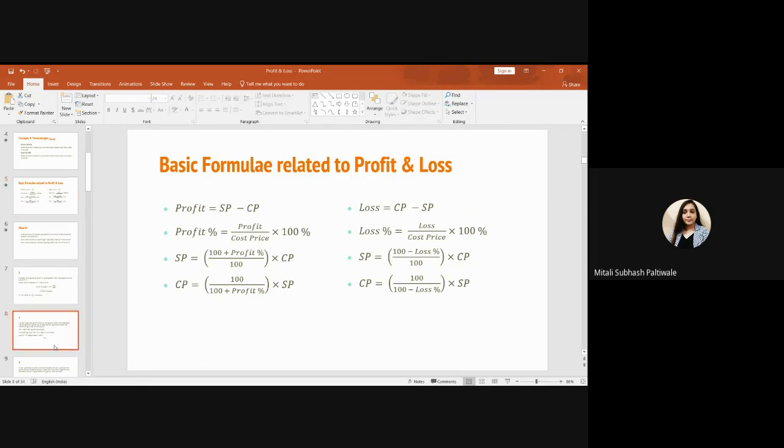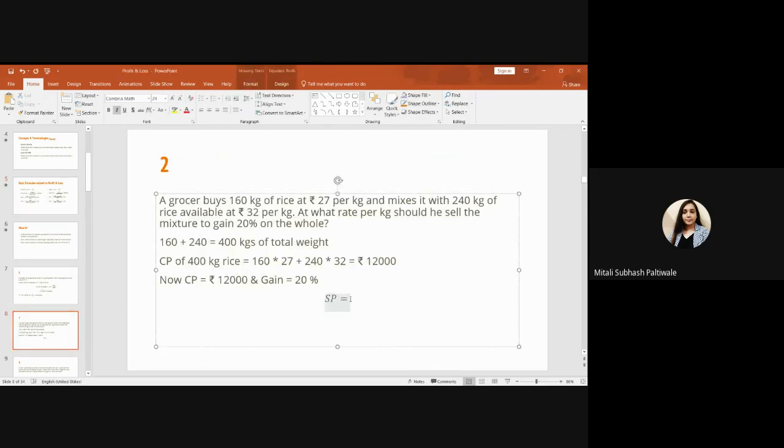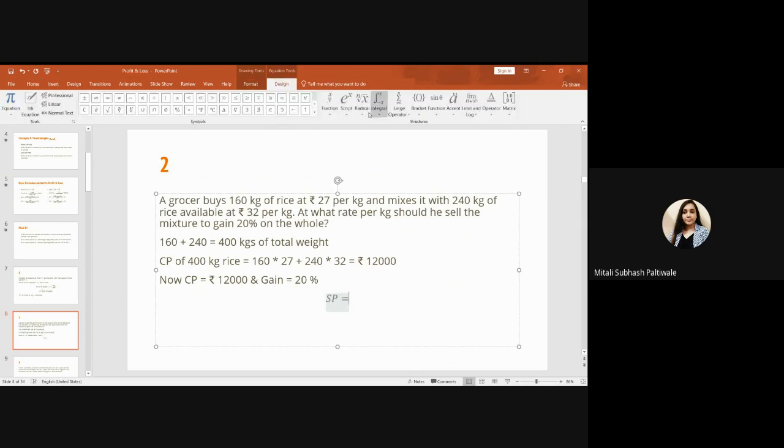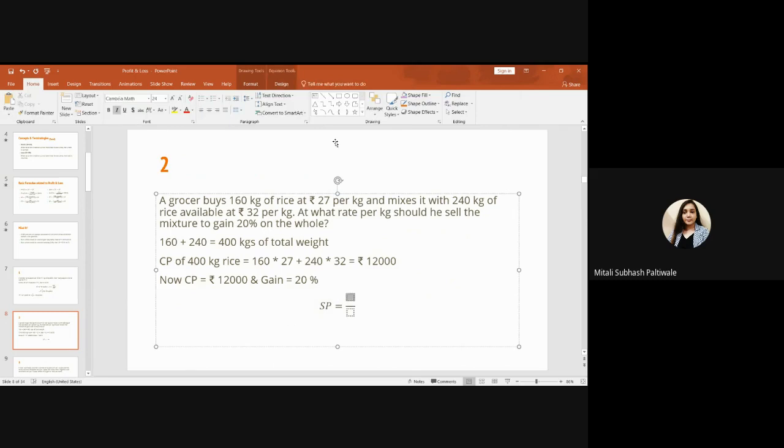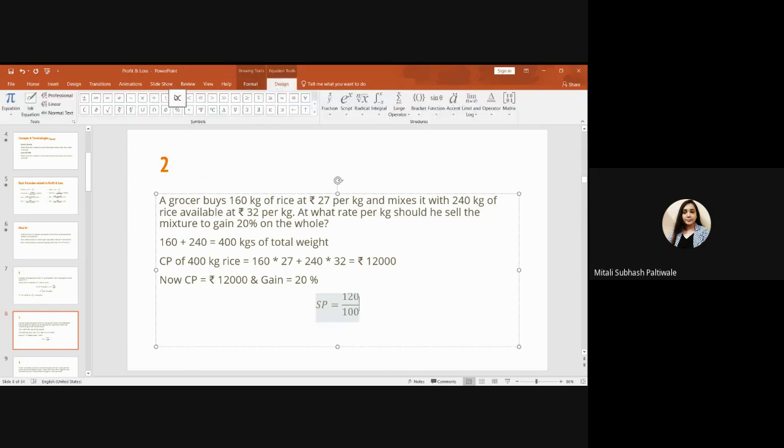So 100 plus profit would be 120 by 100, multiplied with 12,000.